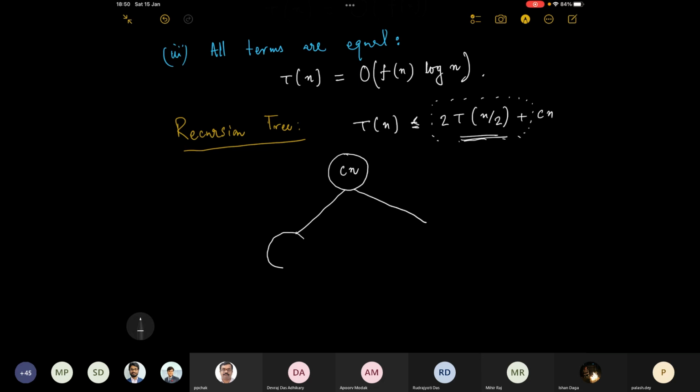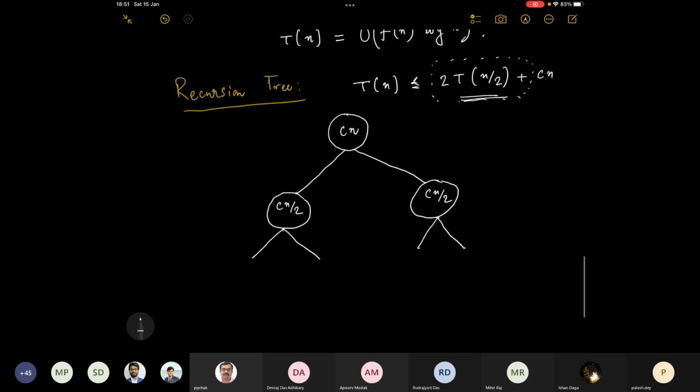The two children correspond to the 2T(n/2) terms. The work done at that level will be Cn/2 each. And again, each will call T(n/4) and so on. This is called the recursion tree, a nice pictorial description of the total work done.